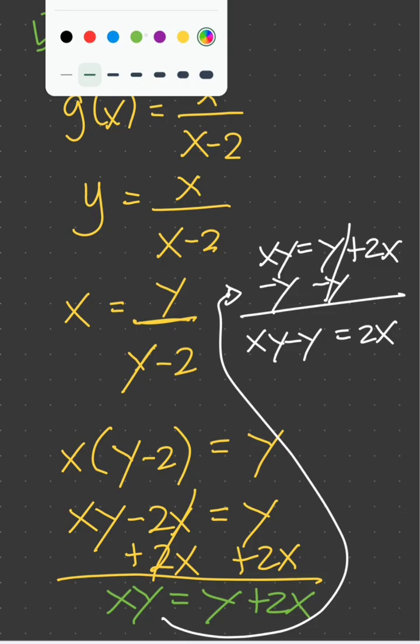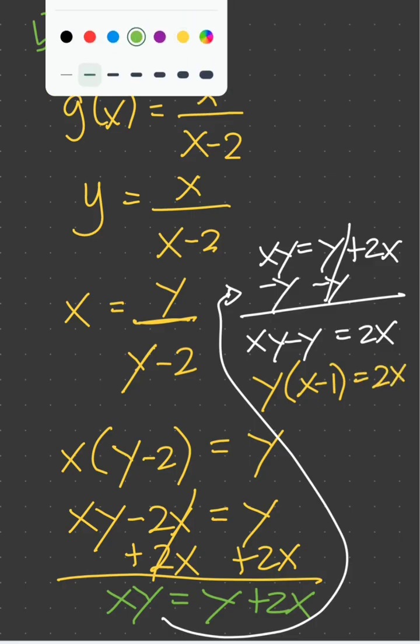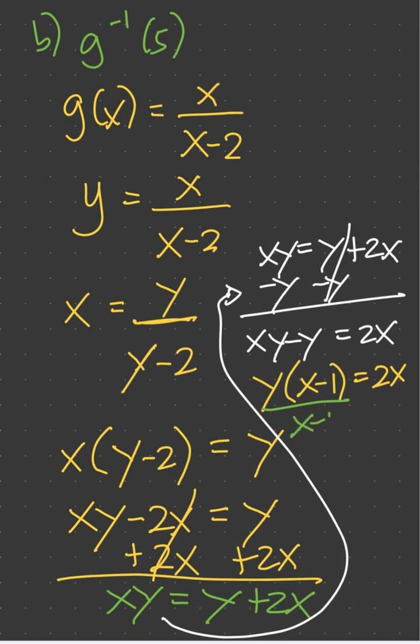Then we factor out y because y is the common factor. So this would become y times x minus 1 equals 2x. Then we divide both sides by x minus 1. This cancels out. So y is equal to 2x over x minus 1.